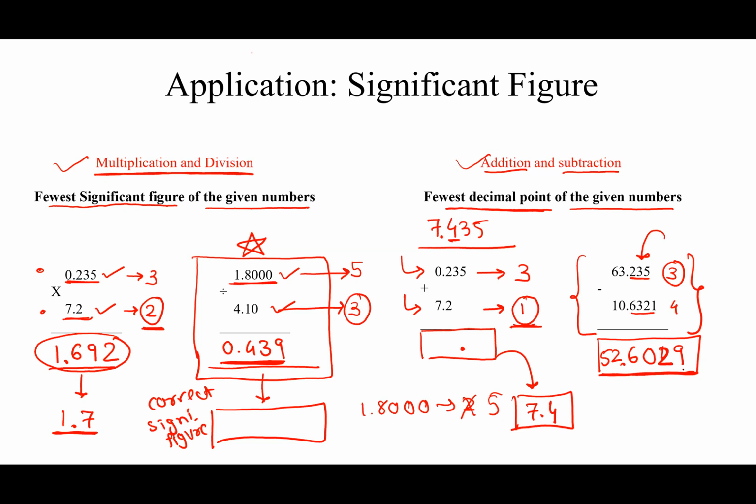It means we're going to round it off. When we round it off, it should be only this many. However, it's the rounding off rule because the number is greater than 5. So your final answer should be 52.603. Okay, thank you.